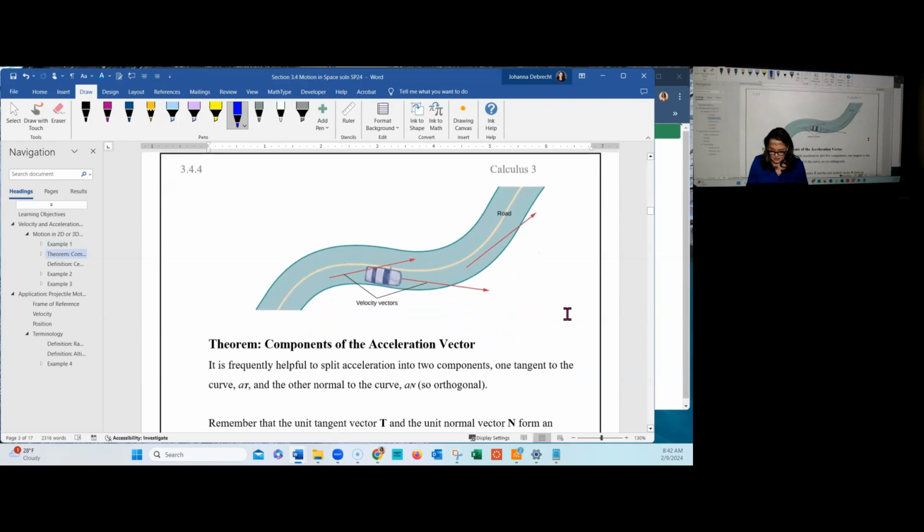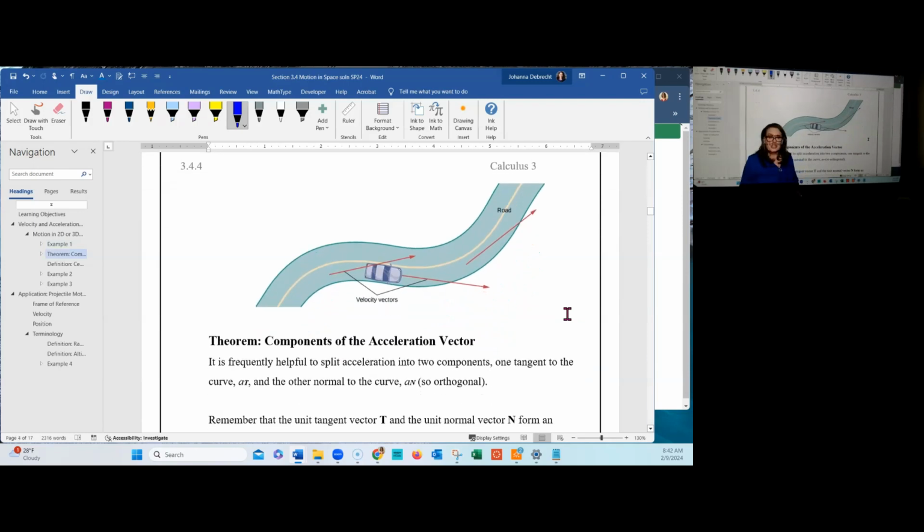Let's take a look at this picture right here, which gives some indications of which directions the velocity vectors are pointing in as the car moves along this winding curvy road. When the car is at the initial point of the velocity vectors, then they have drawn the line here.